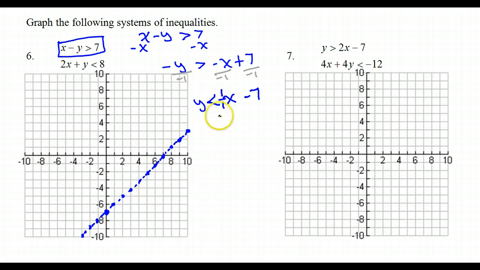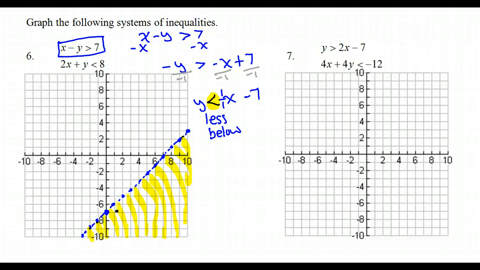And this is less than, so looking at this less than sign, you should be thinking, okay, less means below. So that's where we will do our shading. And this is the below side of the line. Down, down, down, below, below, below.